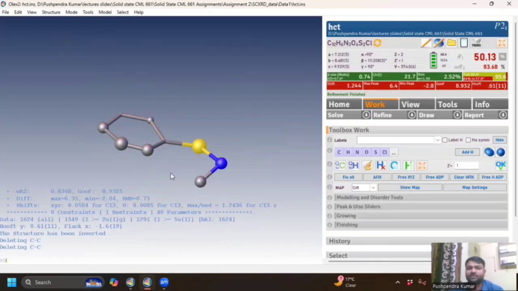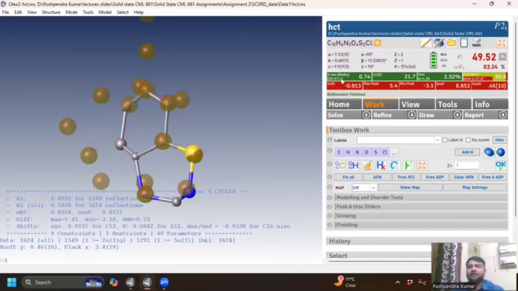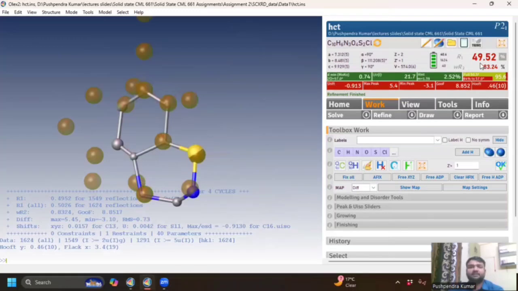So I have selected this, and now I am changing this from carbon to nitrogen, and refine again. As I refine, there will be some change, and the R factor decreases. The R factor value decreases to 49.